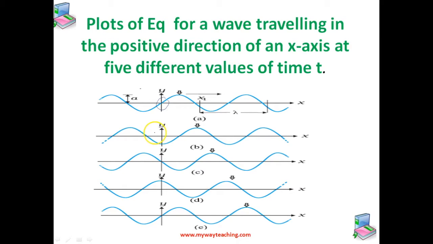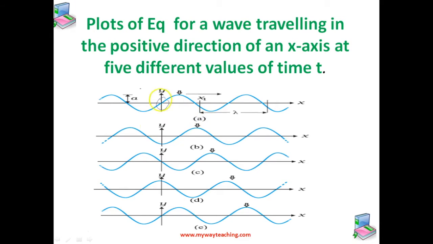So these plots show that with time that solid dot at the origin moves periodically. That is, the particle at the origin oscillates about its mean position as the wave progresses. This is true for any other location also, not only the origin. The crest has moved further by a certain distance as the solid dot has completed one full oscillation.